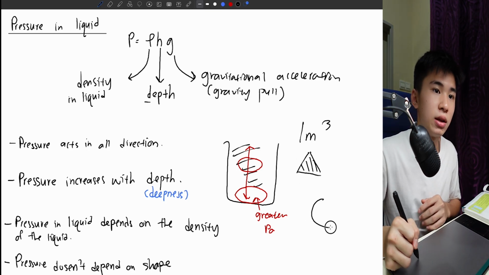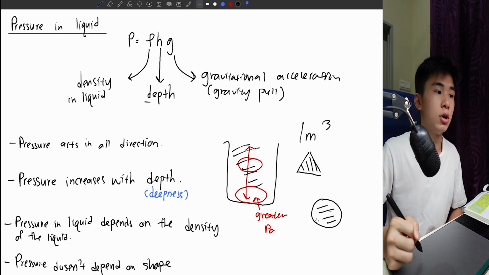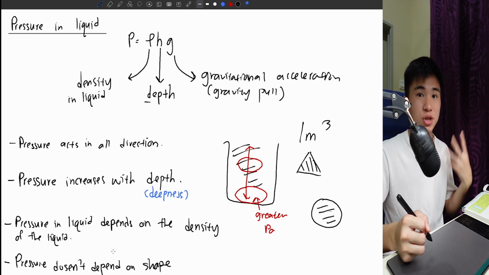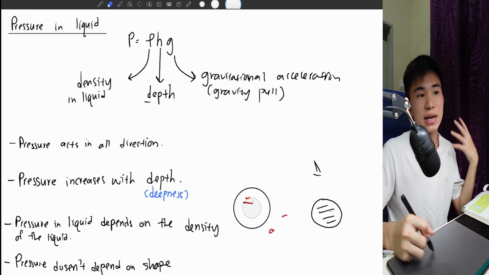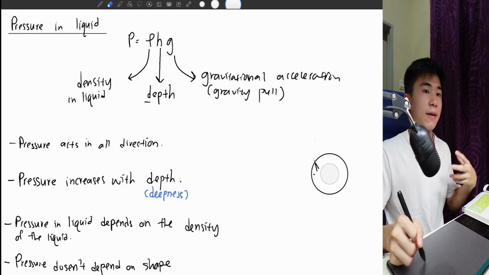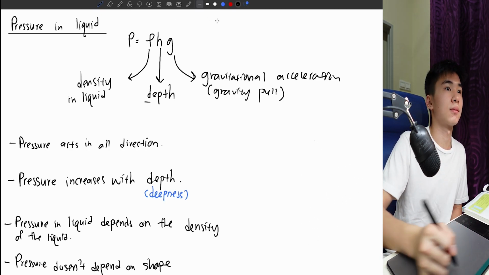If you put it in a round shape, your liquid is going to be round as well. So pressure doesn't depend on shape. Let me erase this first, and let's try a couple of examples so that you could have a better understanding of pressure in liquid.